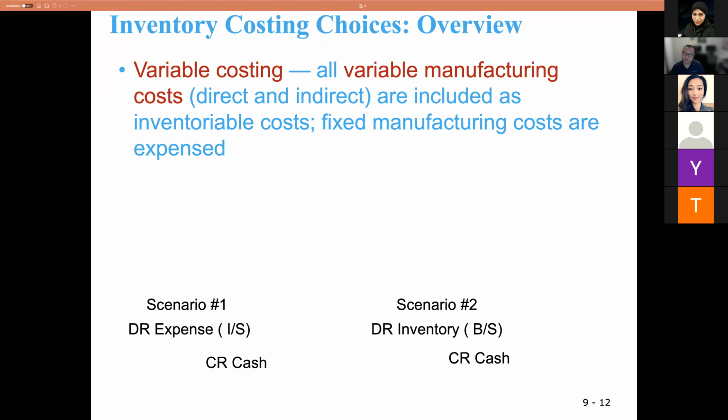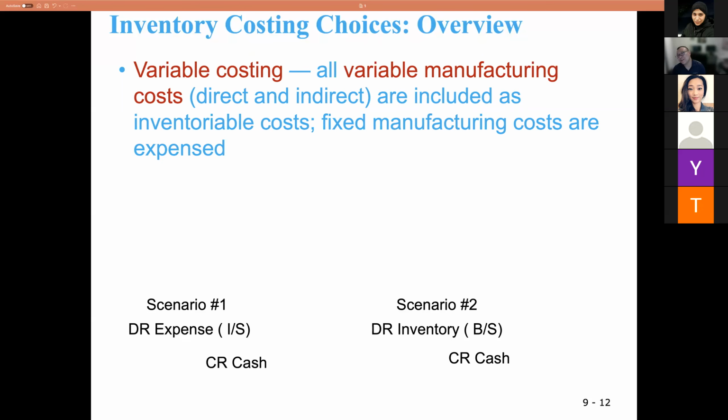So if you remember, the manufacturing cost first goes to the inventory, right? You remember that we have a work in process inventory. You have a beginning balance, then you add direct material, direct labor, and manufacturing overhead. Once the product is manufactured, you move the cost of goods manufactured to the finished goods inventory.